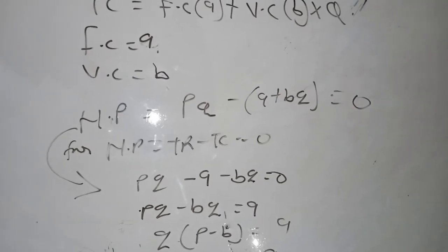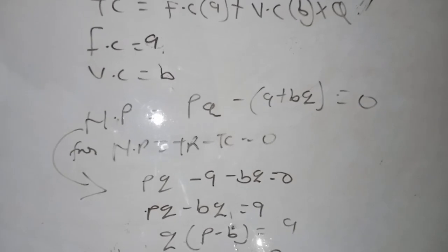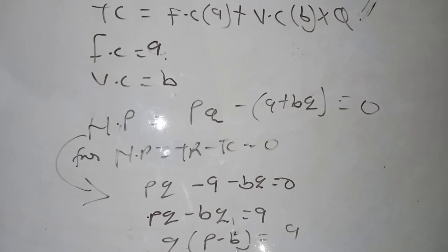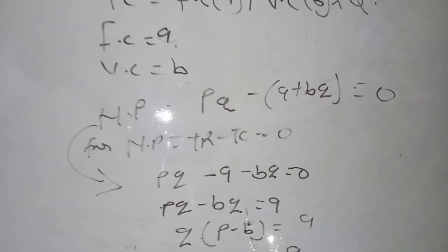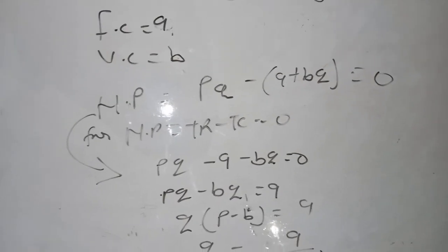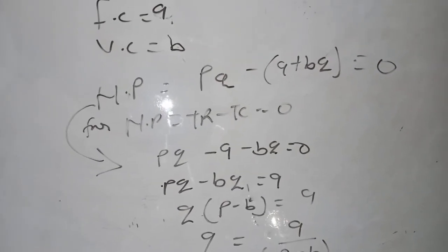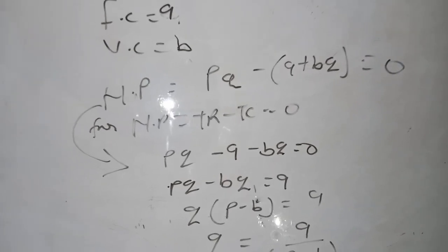Then minus the total cost, which is represented by the fixed cost A plus the variable cost times quantity, which is BQ, and it will give me zero. I'm substituting into the formula net profit equals total revenue minus total costs. In that case, I'll have PQ, the price times quantity, minus A minus BQ.